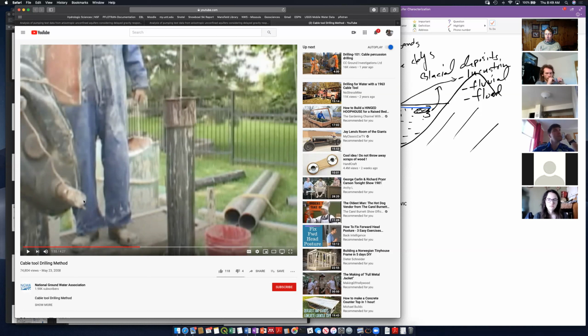Now, with the wireline, because we're drilling by pulverizing, the cuttings are really hard to interpret. They're basically ultra smashed up bits of rock.